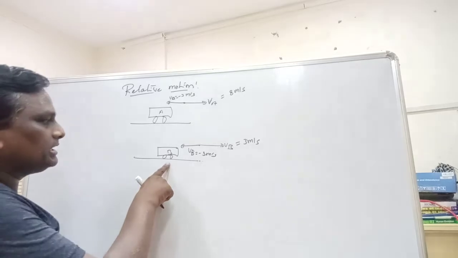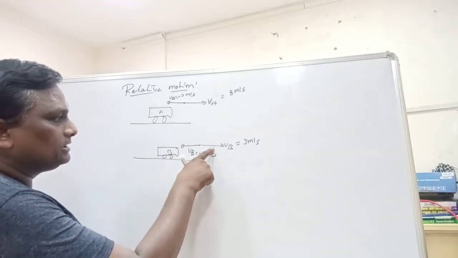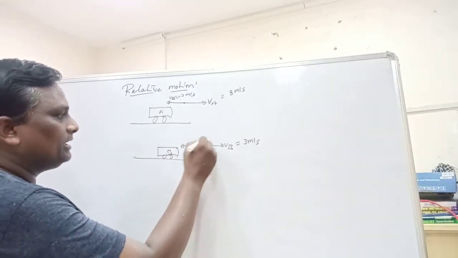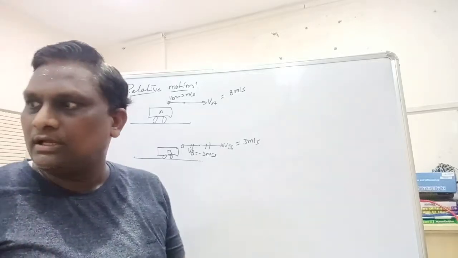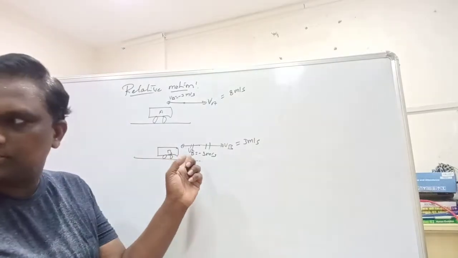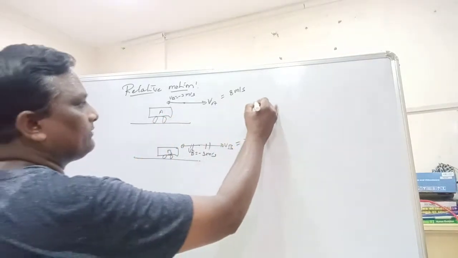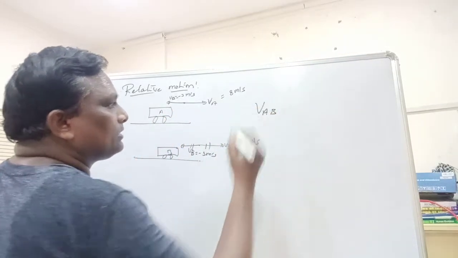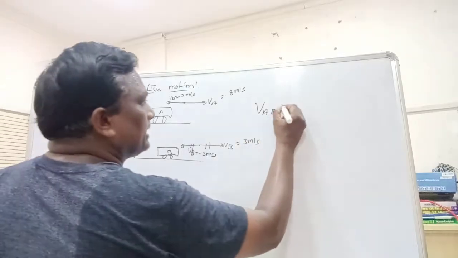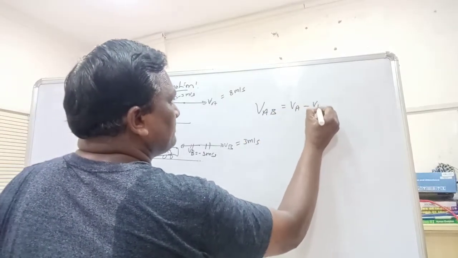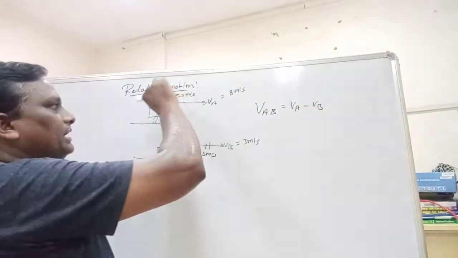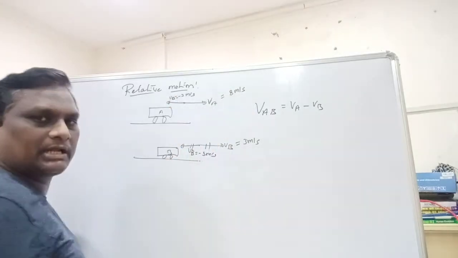Now see here. This is plus VB and this is minus VB. These two cancel each other, so the velocity of car B in this case is 0. Now what is the velocity of car A with respect to car B? That is nothing but VA minus VB. VA is in this direction and VB is in this direction.